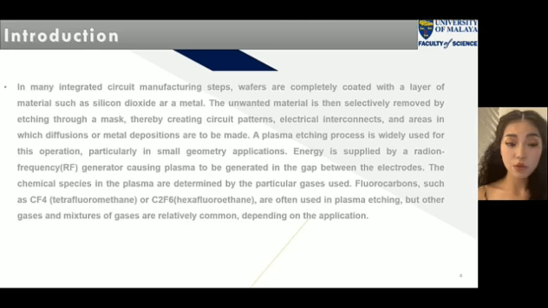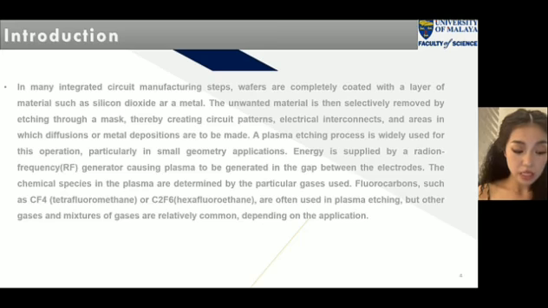A plasma etching process is widely used for this operation, particularly in small geometry applications, and the chemical species in the plasma are determined by the particular gases used.